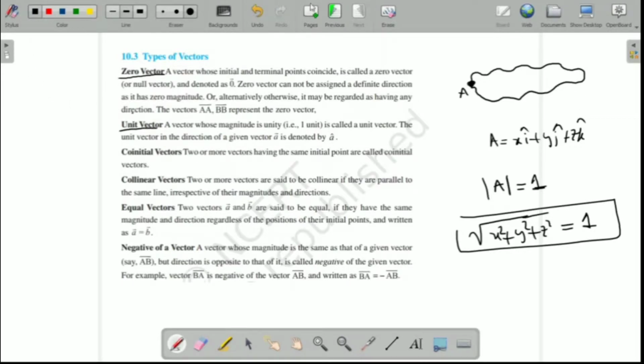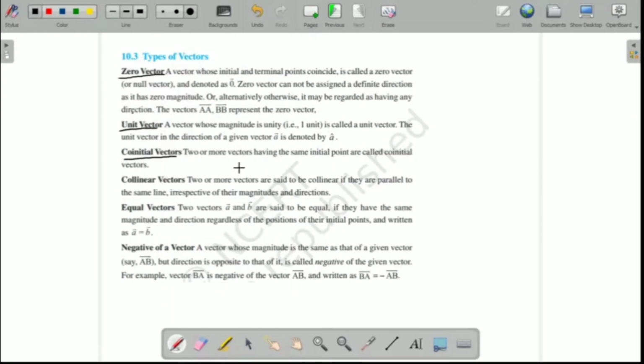Next, co-initial vectors. Take the x-axis, y-axis, z-axis. This is one vector, a bar, and this is one more vector, b bar. a bar and b bar have the same initial point, hence these two vectors are co-initial vectors. Two or more vectors having the same initial point are called co-initial vectors.